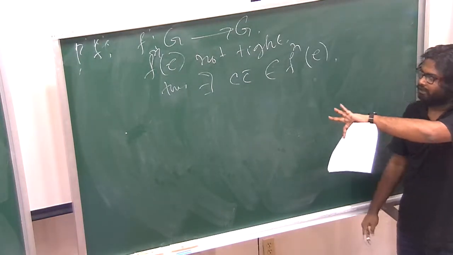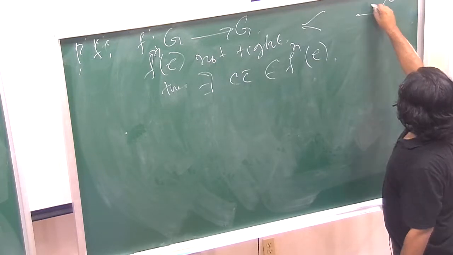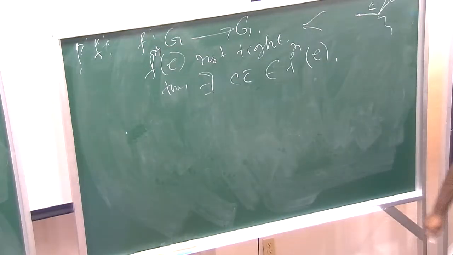That is the definition of being tight. This is my C. C and C inverse, that's a turn, but both of them are inside the image. Okay?